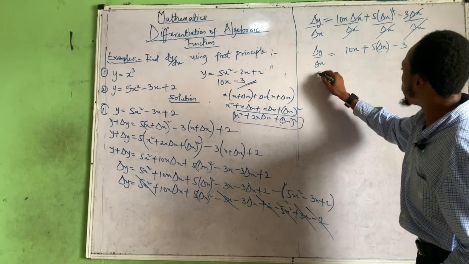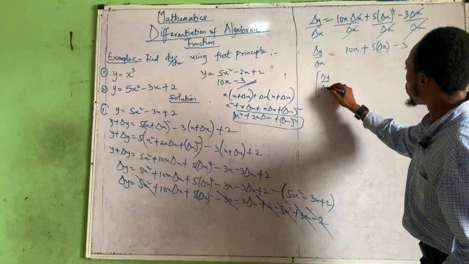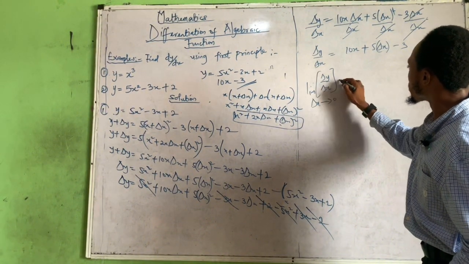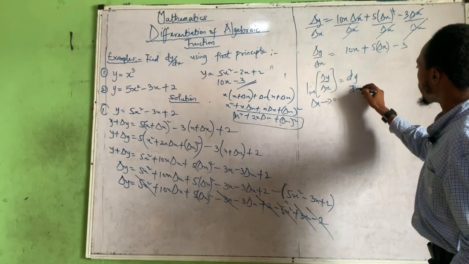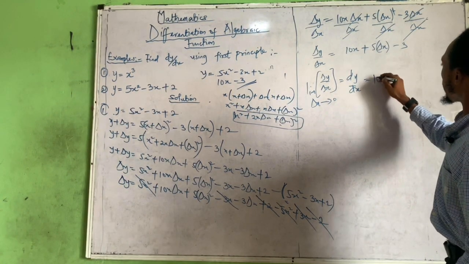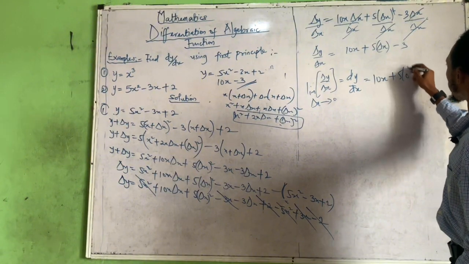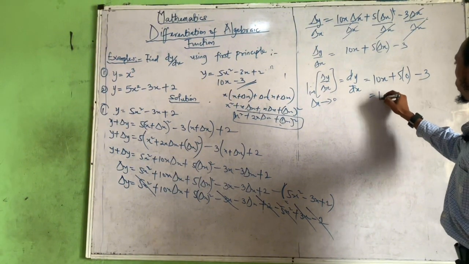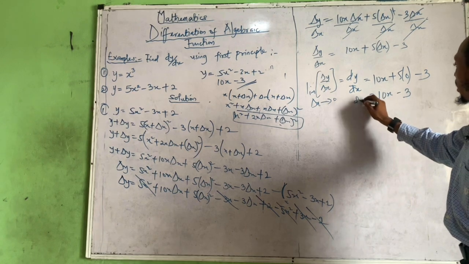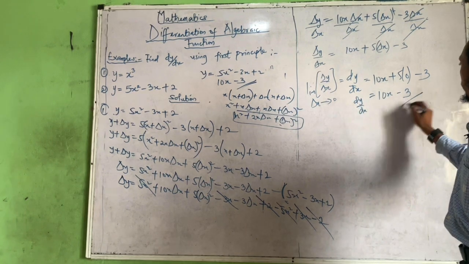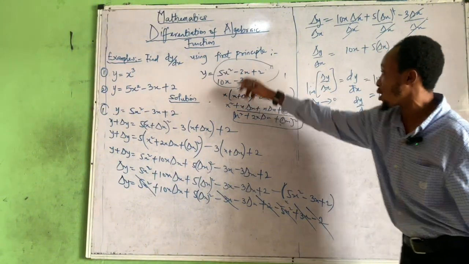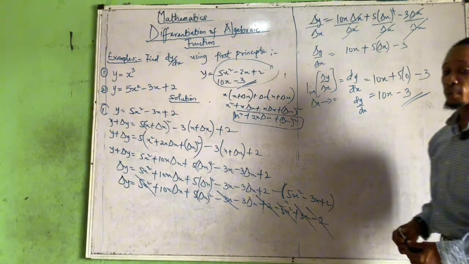So make your limit, make delta x tends to 0 of your limit, which will be equals to dy/dx. It is a rule in limits. So 10x plus 5 open bracket 0, minus 3. So equals 10x, this one has gone, minus 3. So that's dy/dx. So you must have the same thing here. This is the normal differentiation and this is first principle.